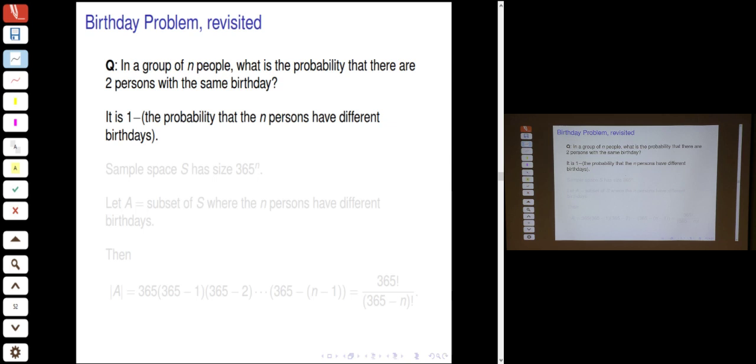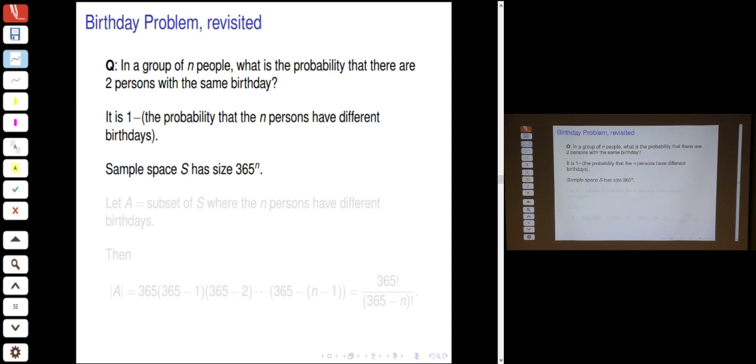So I want to compute the probability of 2 persons with the same birthday in this way: I'll use 1, then subtract the probability that this thing doesn't happen. If it doesn't happen, it means the n persons all have different birthdays, because no 2 persons have the same birthday.